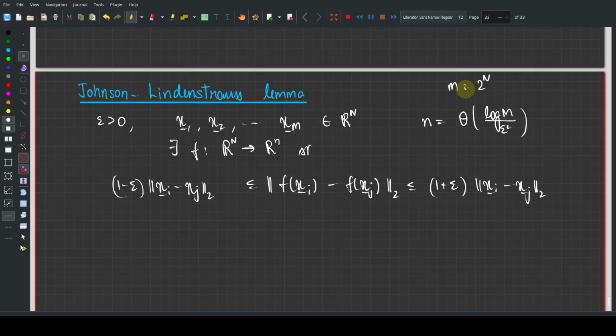Okay, so this is called the Johnson-Lindenstrauss lemma, and it says the following. If I fix an epsilon greater than 0, and I have m points all living in R capital N, then it's possible to construct a function f that maps R capital N to R little n such that the pairwise distances are approximately preserved.